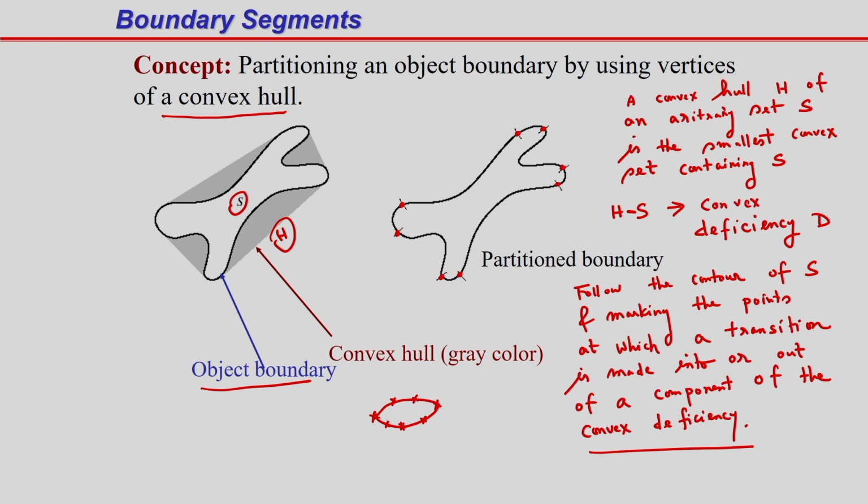So I have to partition the boundary, and the concept of the convex hull I can apply to find these boundary points. Like this, in practical applications, we can use the convex hull to partition a particular boundary.